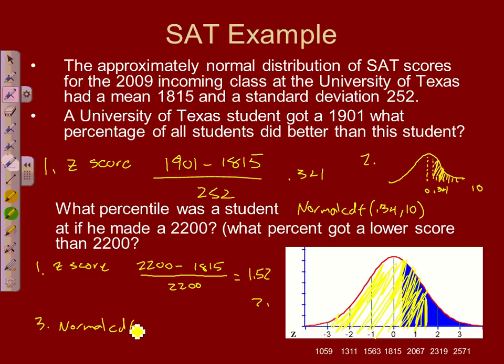Mr. Soanes, what are the values you used in your normal CDF? -10 to 1.52. Perfect. The lower is all the way down here at -10. We'll say that lower than 1.52 is the same as between -10 and 1.52.